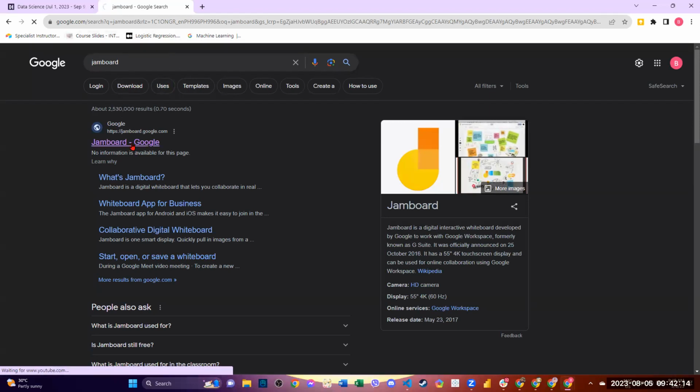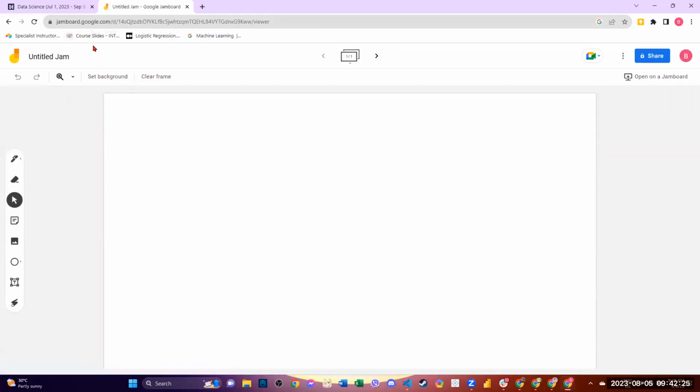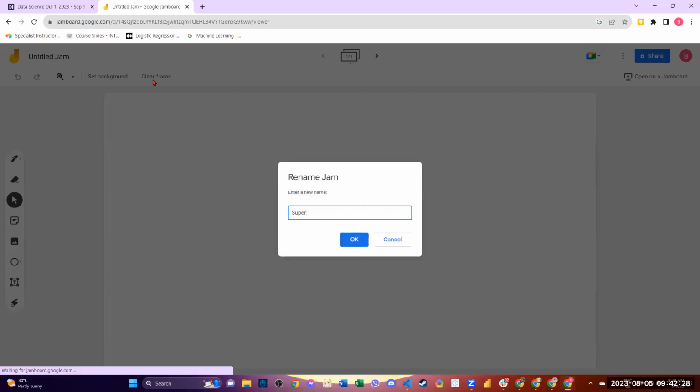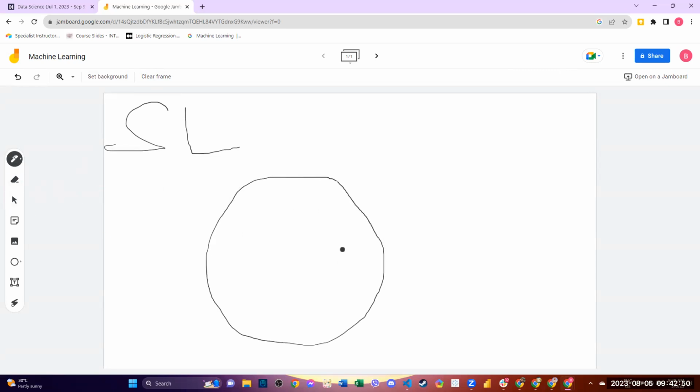Let me draw this on the Jamboard so that we can easily understand. For supervised learning, we provide data. So imagine your data is this circle. So this is your data.